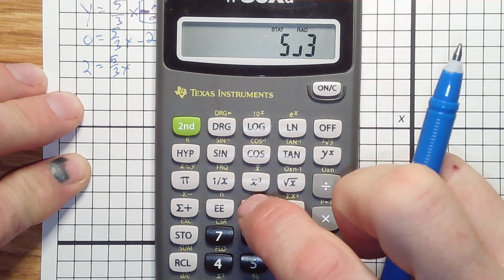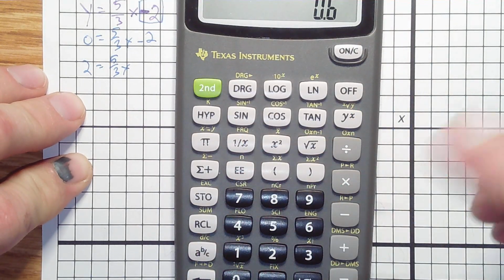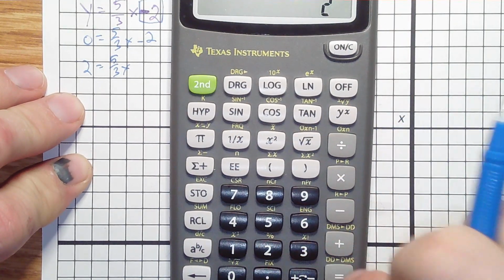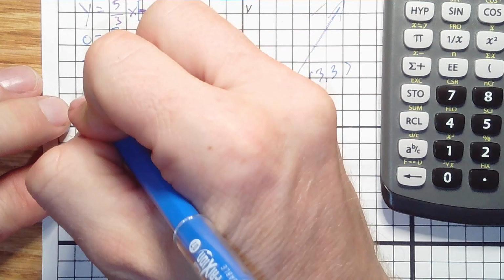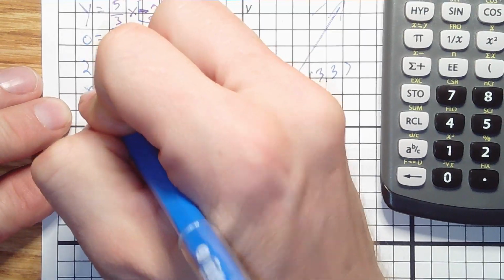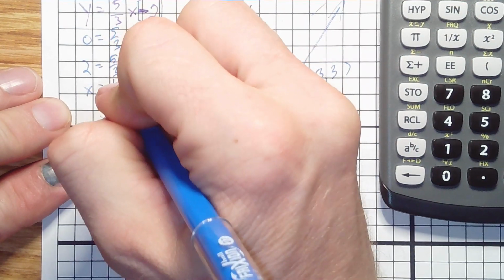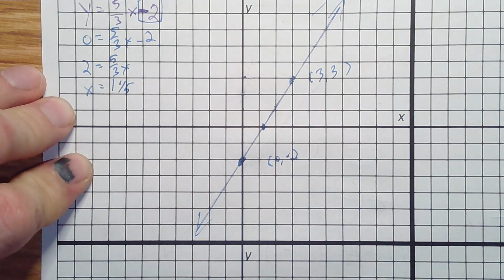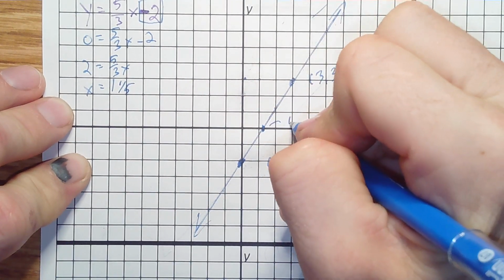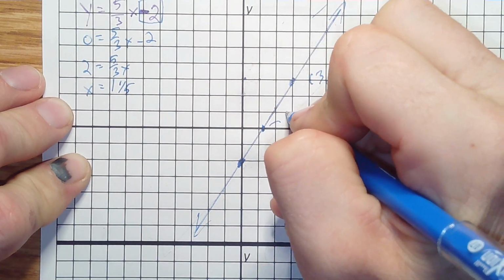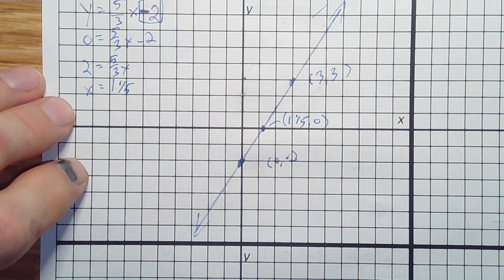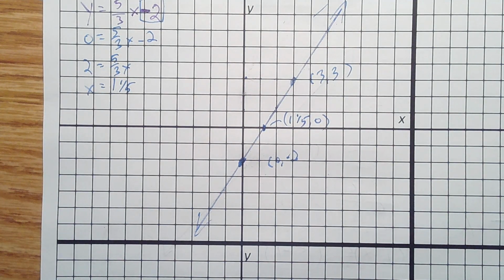Invert 5 thirds, it becomes 0.6, also known as 3/5. Multiply it by 2, so x equals 1.2, or 1 1/5. So this point here is 1 1/5 comma 0. There's my line with my x and y-intercepts.